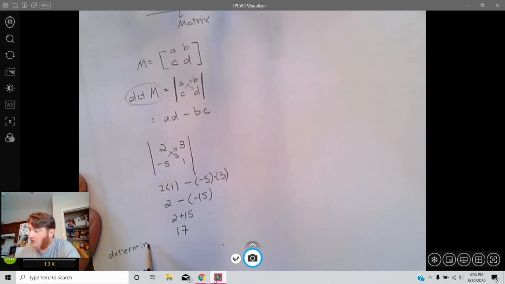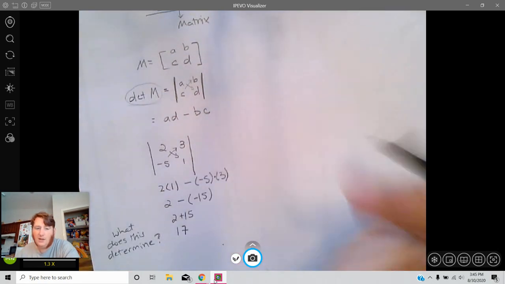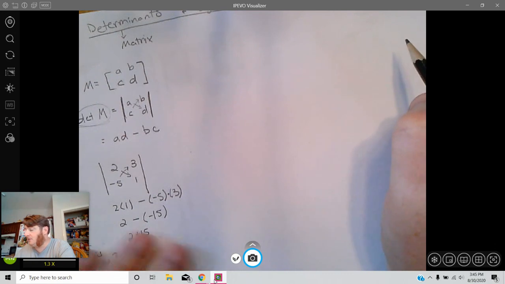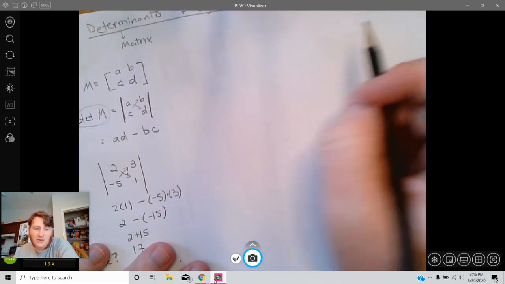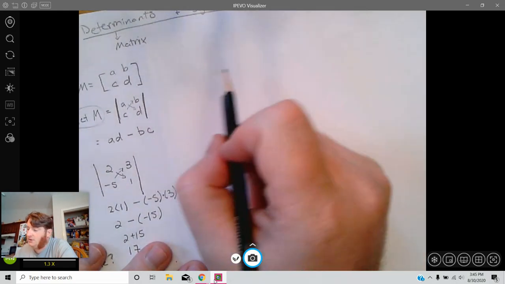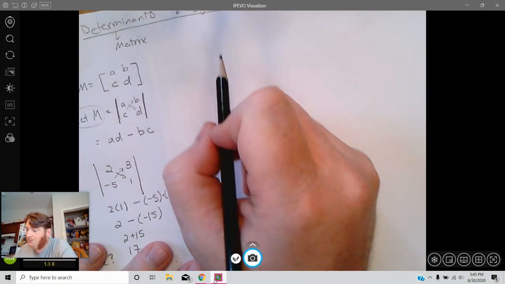It's called a determinant because what does it determine? And so it can be used to determine the system of equations solution if you convert thinking of the solution into a matrix form.